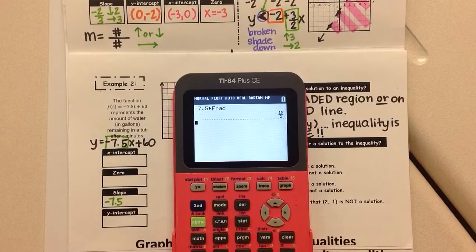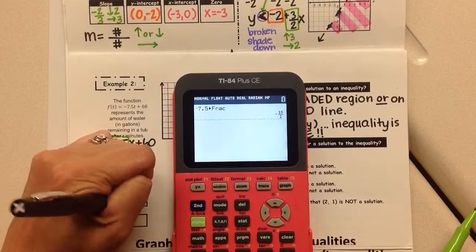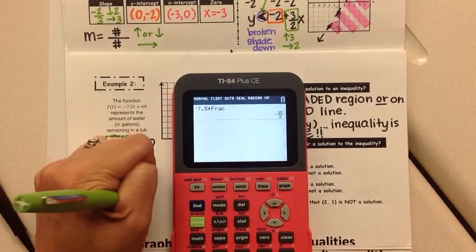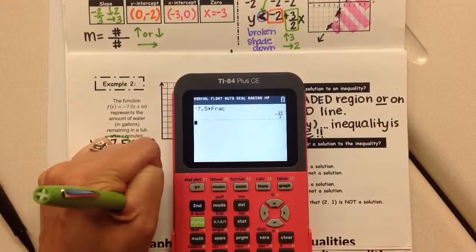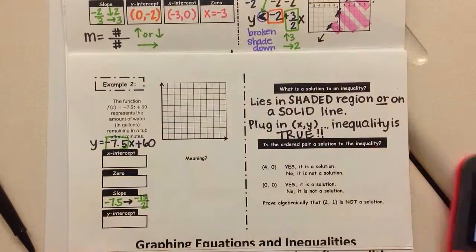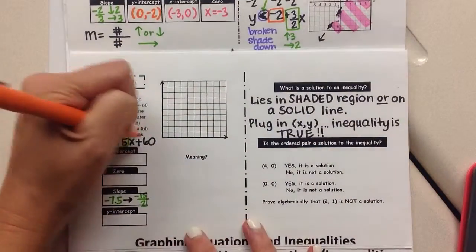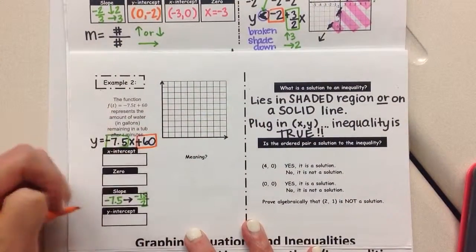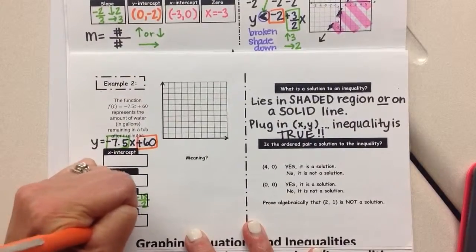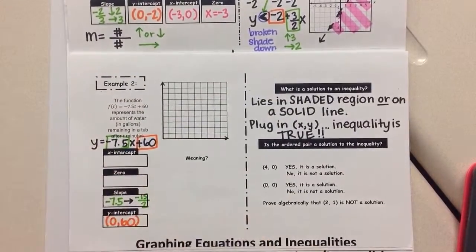And it's the same as negative 15 halves. Negative 15 halves, same thing. And I know where my y-intercept is. It's 60. So I'm starting off at 0, 60 on the y-axis. Okay. And then I need to figure out what my x-intercept is, but I'll figure that out in a second.